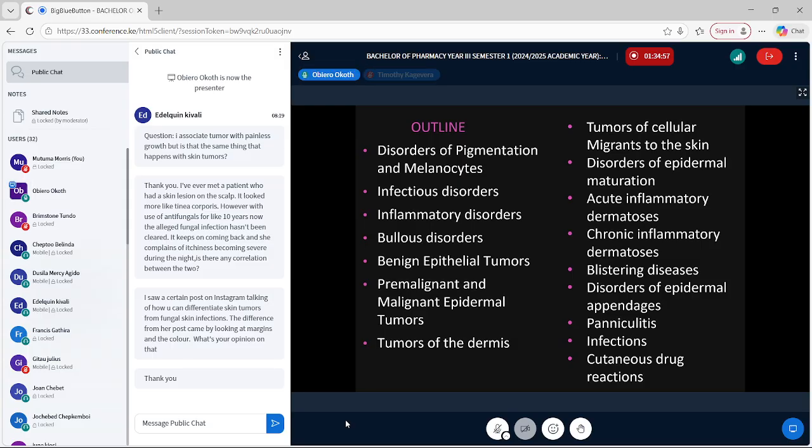Let me write that down. So the one you're having tomorrow is? Your final one will be which one? I think it will be TB and skin disorders or something like that. And the one we've had today. So the ones for today and tomorrow should not be in the card on Wednesday.